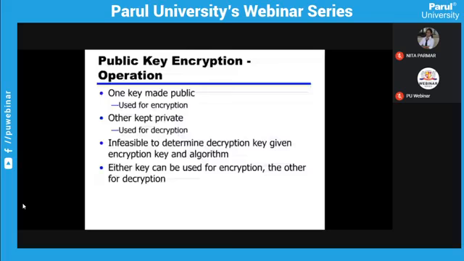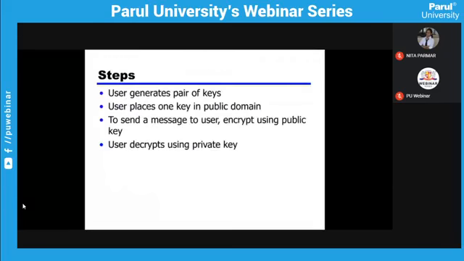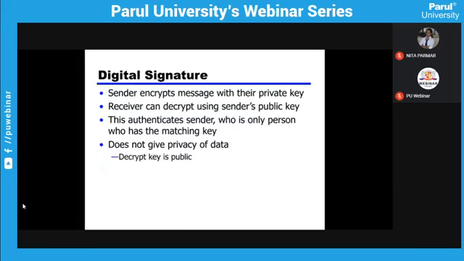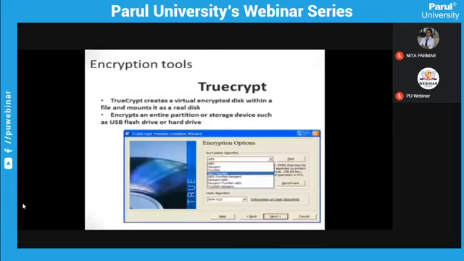One key is made public and is used for encryption, while the private key is used for decryption. Okay. These are the step-by-step stages of asymmetric encryption: generating a pair of keys, using one key to encrypt and another to decrypt. And moreover, a digital signature can also be achieved in this encryption algorithm.